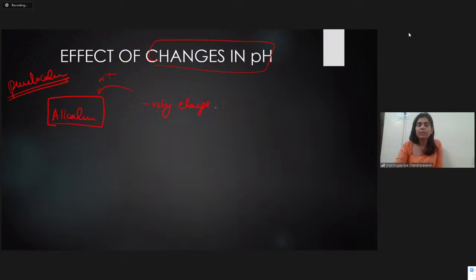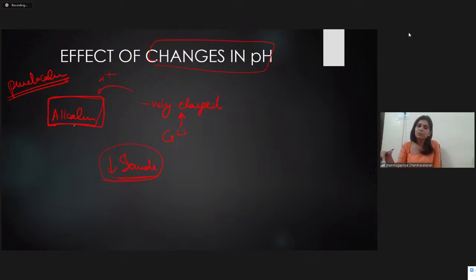When all proteins are negatively charged, calcium goes and binds with them more avidly. When calcium binds with them more avidly, ionized calcium decreases. So in alkalosis, there is a decrease in the ionized calcium concentration. And that is why in alkalosis, you find tetany.